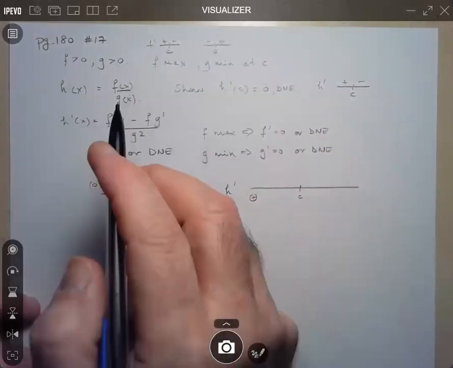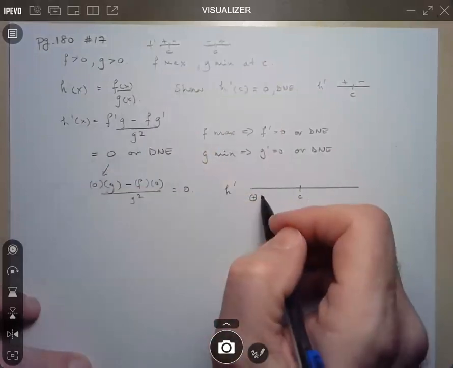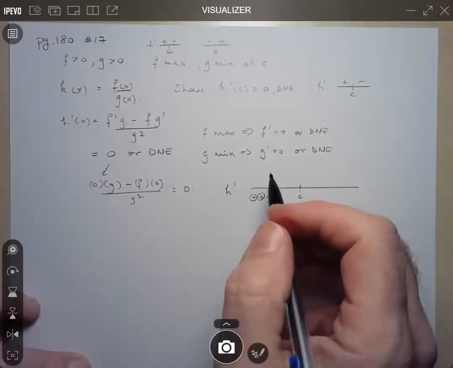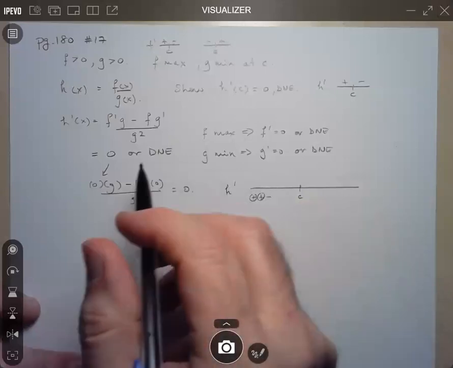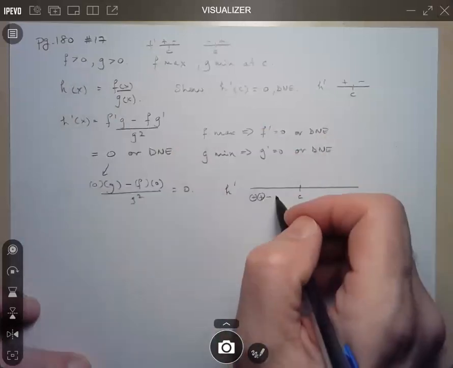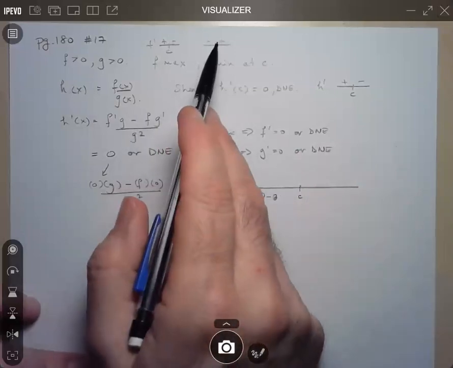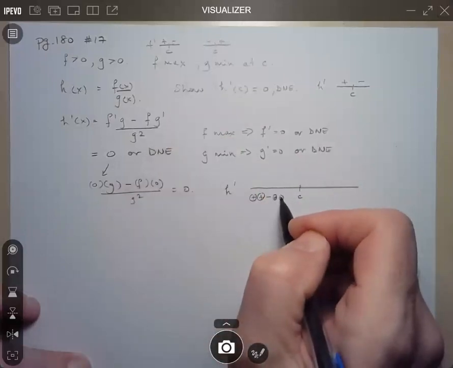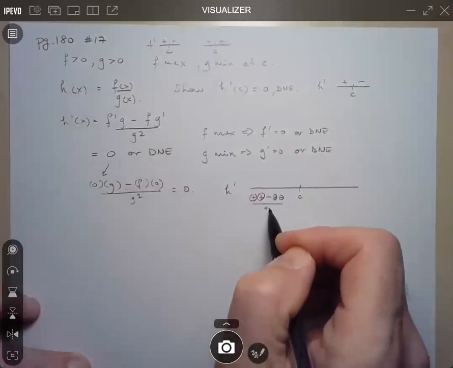Okay. g is always positive. Okay, minus, f is always positive. And then g prime on the left of c, because there's a min there, is negative. And obviously the denominator is just positive.